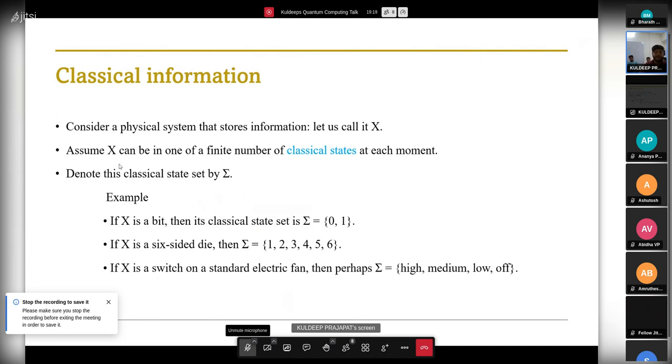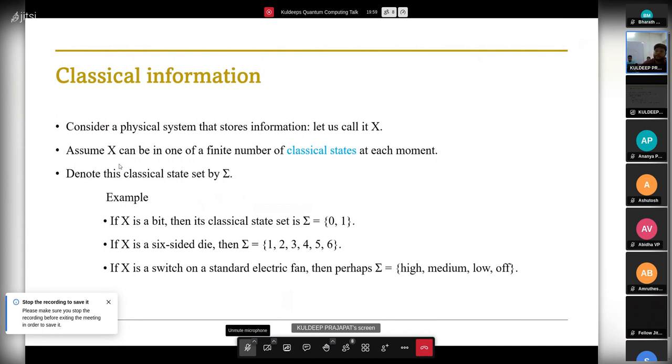If X is our system, a bit can be a classical or physical system, then its classical states will be 0 and 1. If we have a six-sided die, then the classical states of this die are 1, 2, 3, 4, 5, and 6. If X is the switch of a fan, then the states are probably high, medium, low, and off.